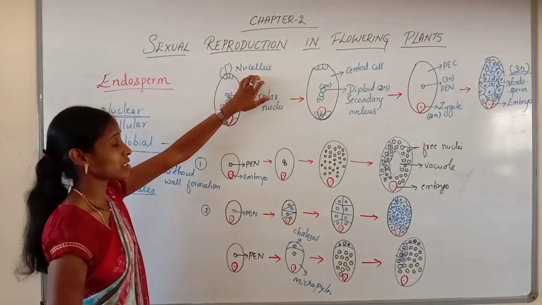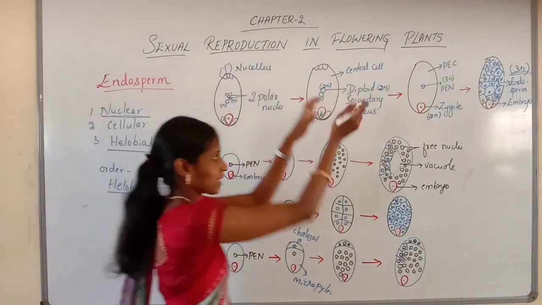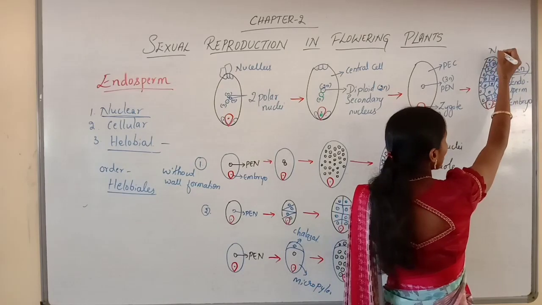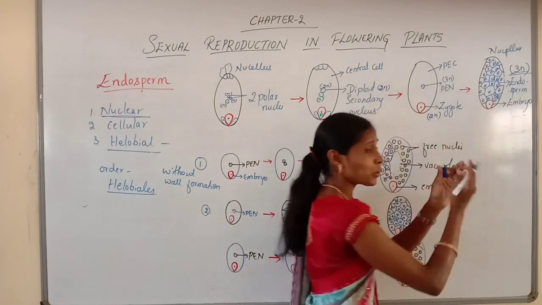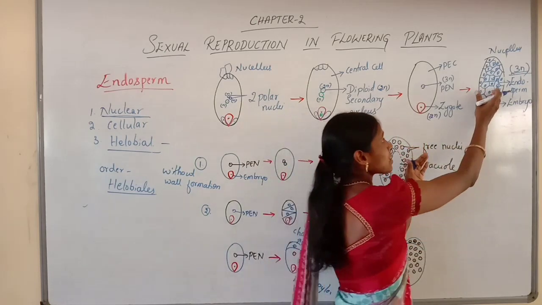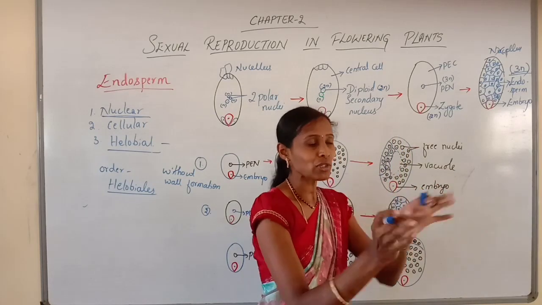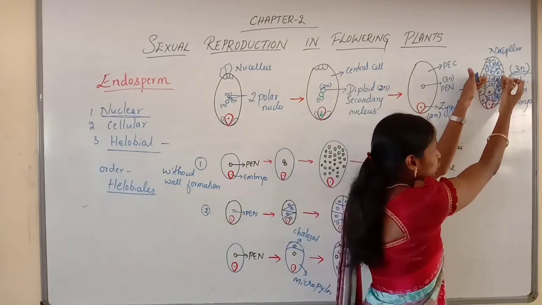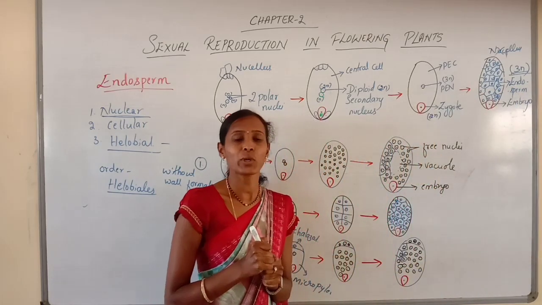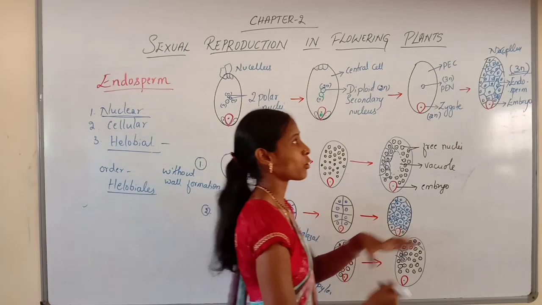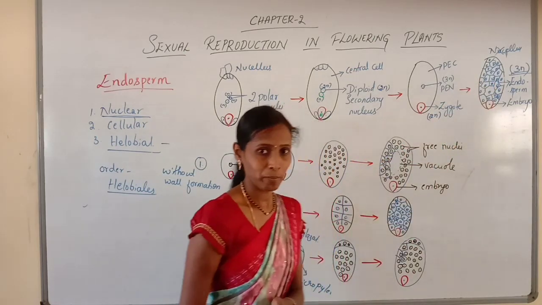During the growth of the endosperm, it will crush the nucellus, and in turn this endosperm will be eaten by the embryo, because the embryo requires nourishment, and that nourishment will be obtained from the endosperm.